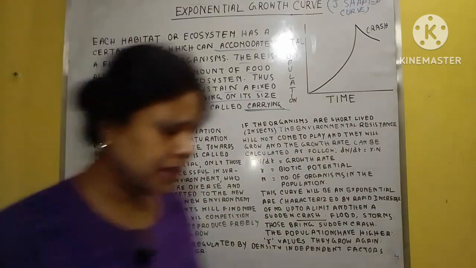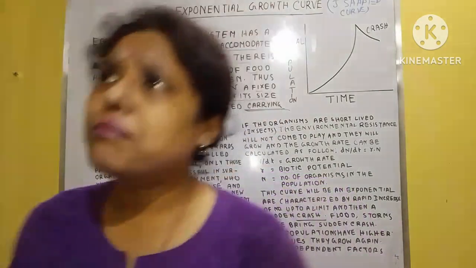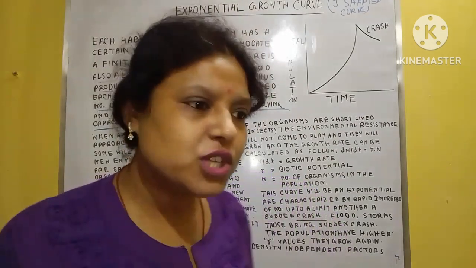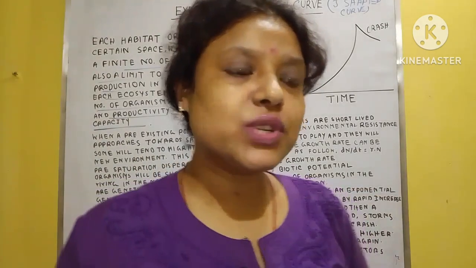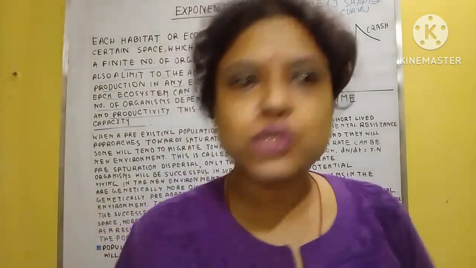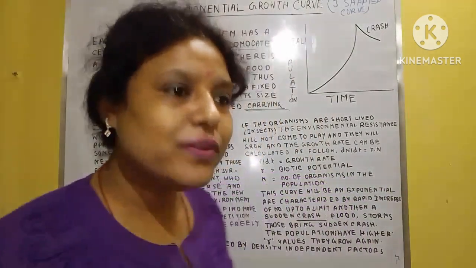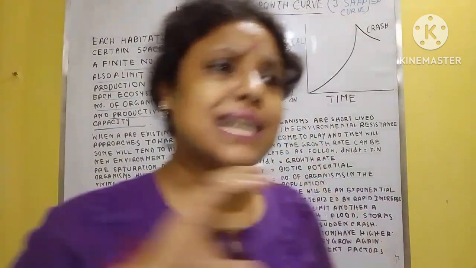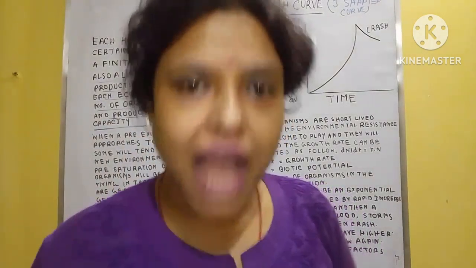And what happens sometimes is that the number of individuals in a population, when it is accommodated in a proper natural habitat, increases generation after generation. At a particular time the number of individuals becomes very high, and this is called a saturated population.